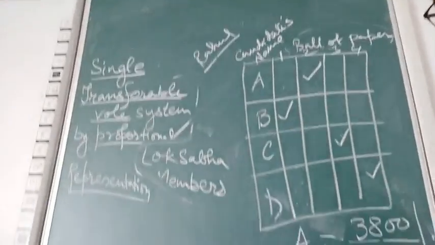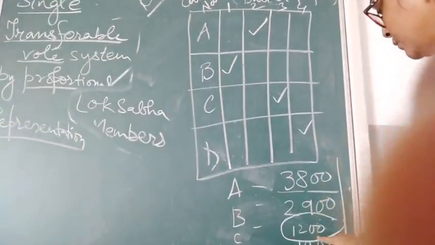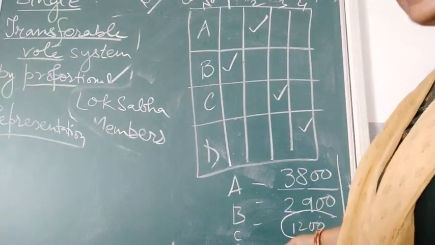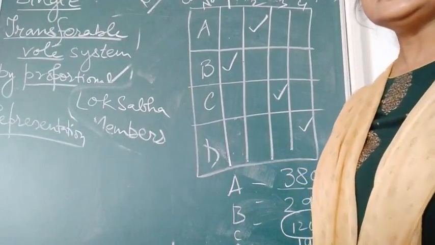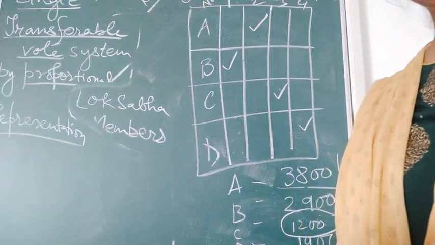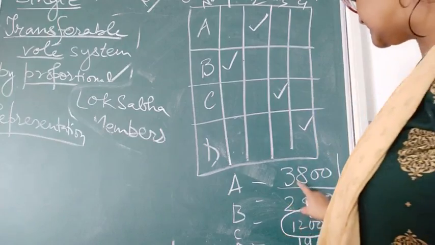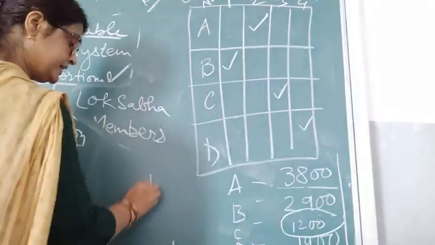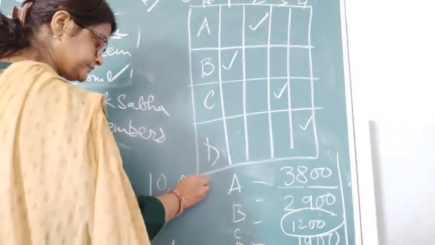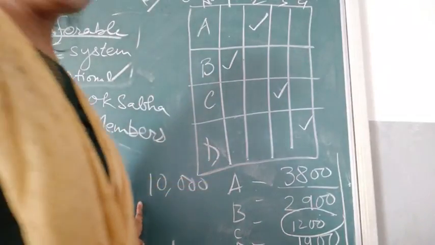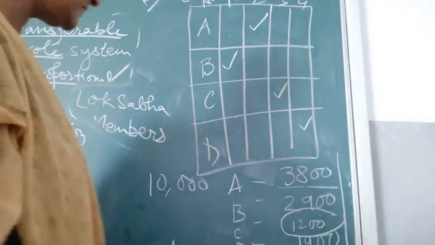Now this vote will be transferred to other candidates. This is only transferable vote system. What it is called? Transferable vote system. Now for example, the total votes is 10,000. So how much will it get?